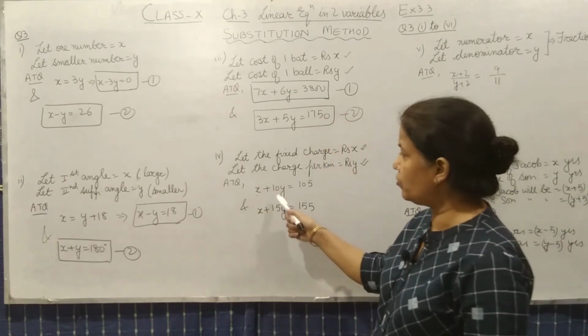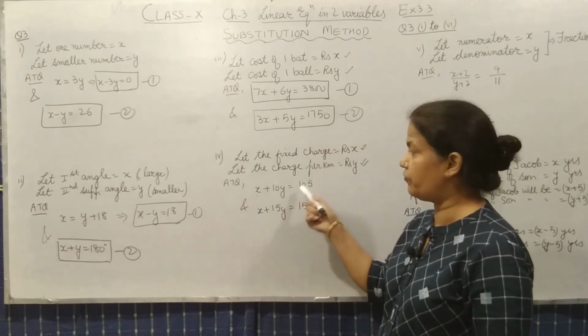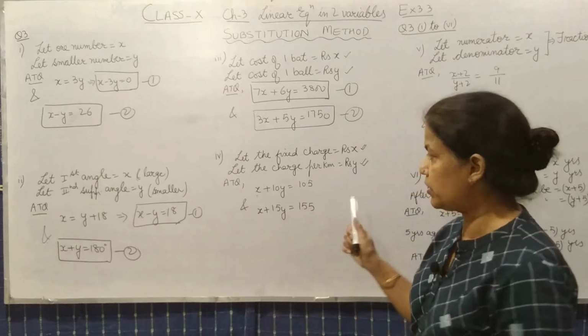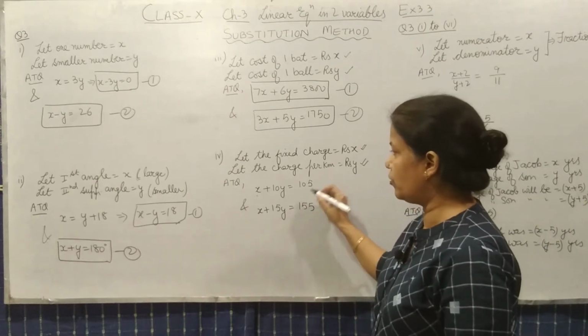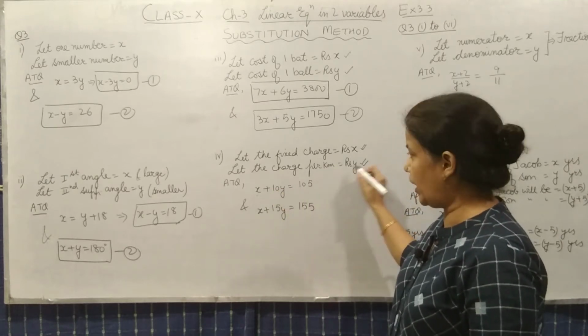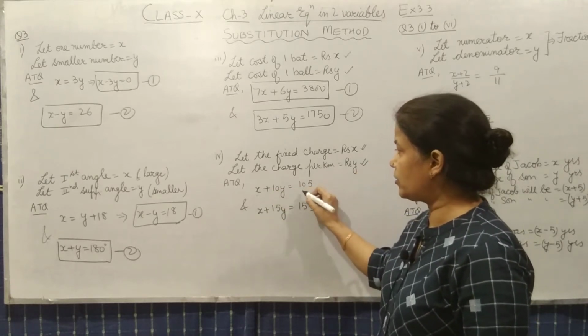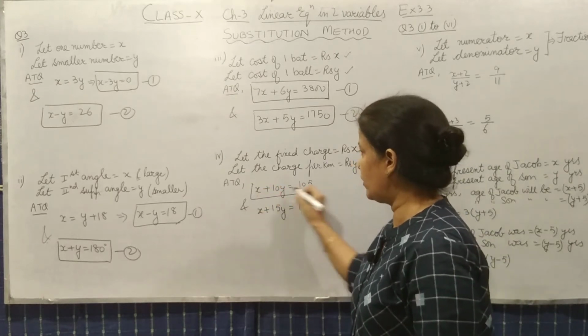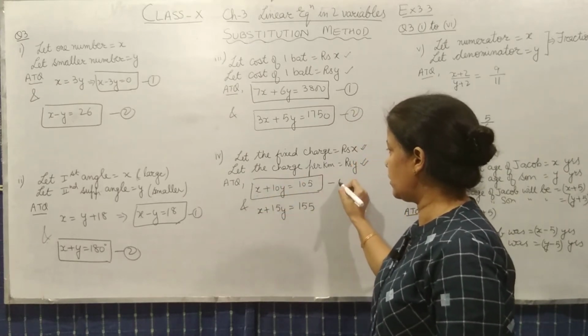And according to the question, the customer travels 10 kilometers and the total cost is 105. So fixed charge plus 10 kilometers, so 10 into y, and its total cost is 105. So this is the first equation.